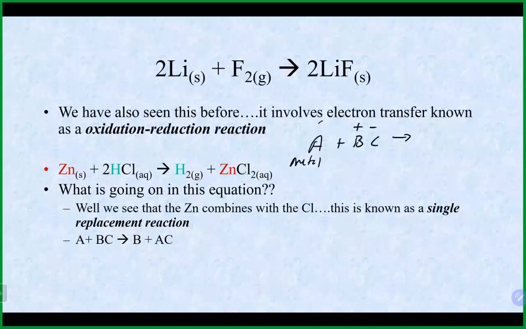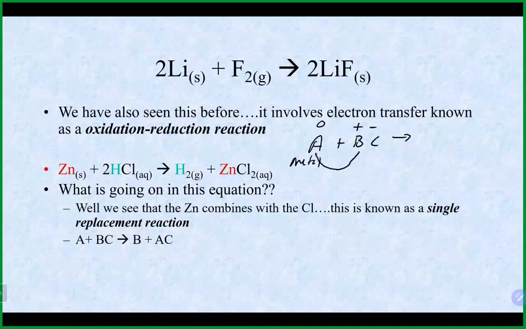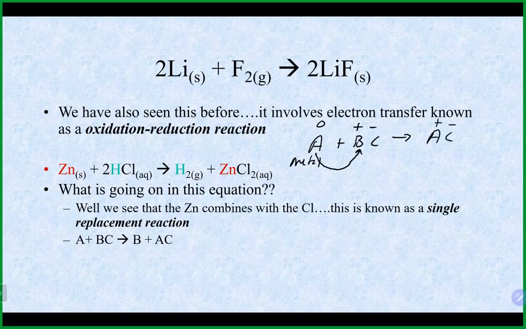The metal has no charge to begin with, but when a metal does get a charge, it is going to be a positive charge. So what will happen is the metal will kick out the positive guy and make a new ionic compound where it gains a charge. And the guy that gets kicked out will end up with no charge on the other side.